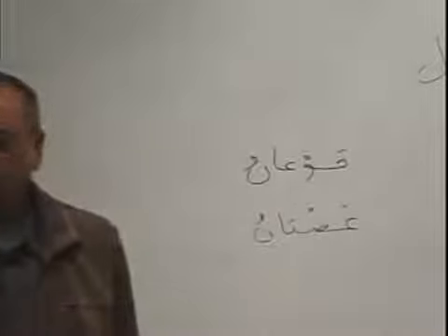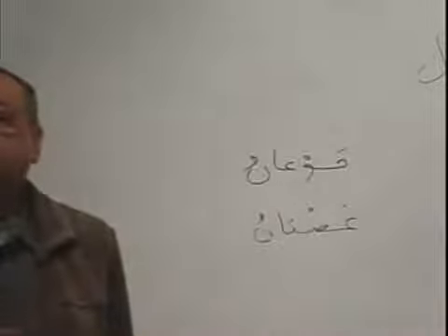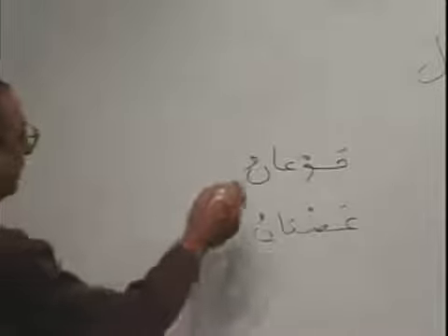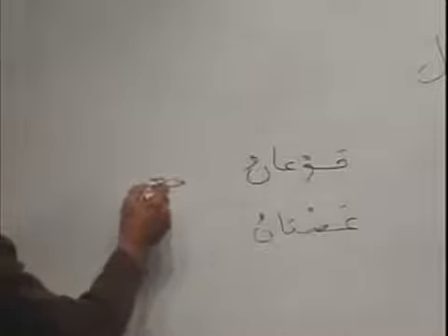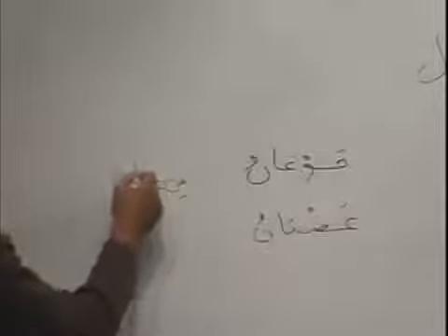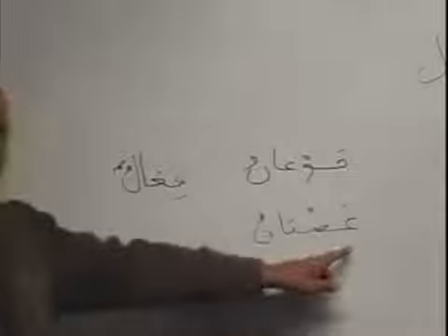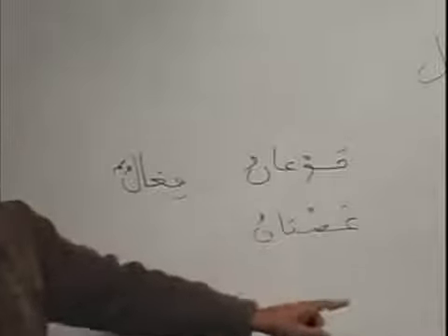Ghain, Dad, Ba. Everything else is extra. So if I have to say the plural of this is made on the pattern of fi'alun. So how will you make ghadbanu into fi'alun? Ghidabun. Got the idea? Okay.